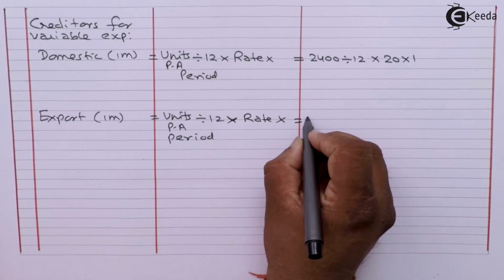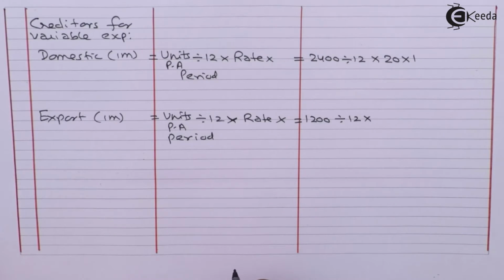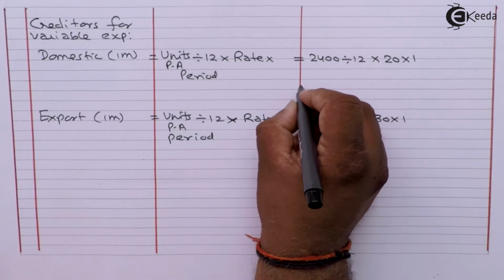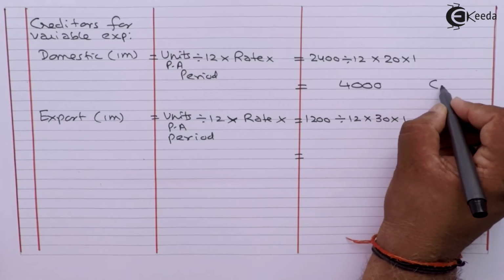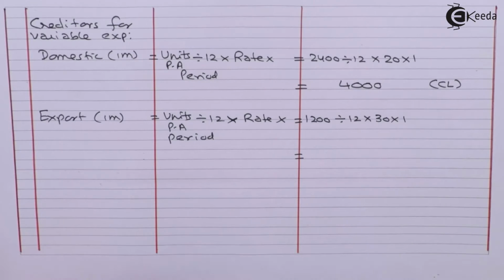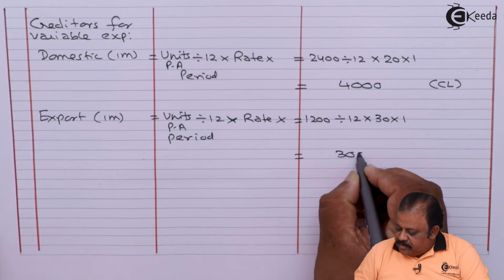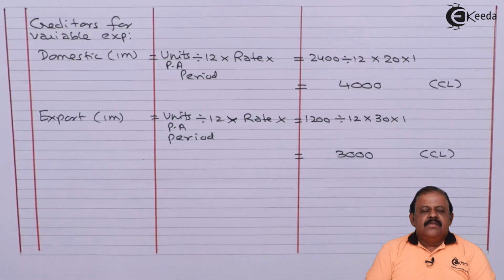In case of export, units 1200 divided by 12 multiplied by rate 30 rupees multiplied by period 1 month. In case of domestic market, it is rupees 4,000, part of current liability. In case of export market, it will be rupees 3,000, part of current liability. We have calculated required values of current assets and current liabilities. Let us do final part of the solution, that is statement of estimated working capital.